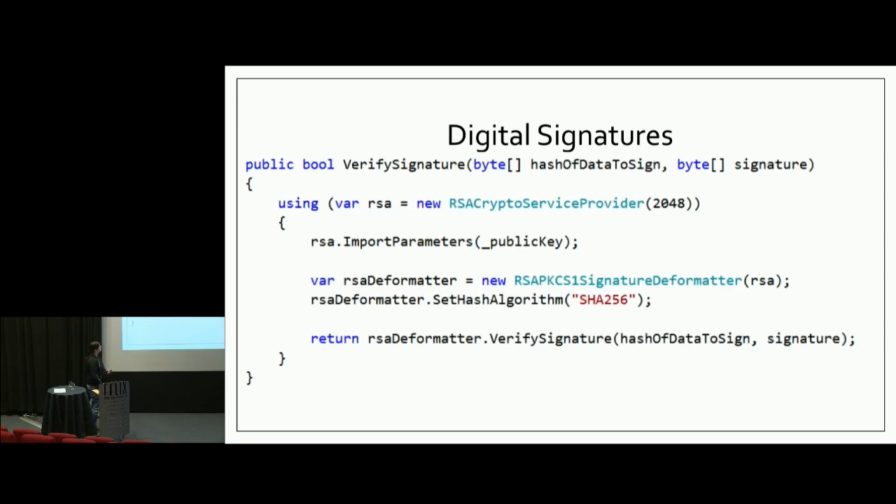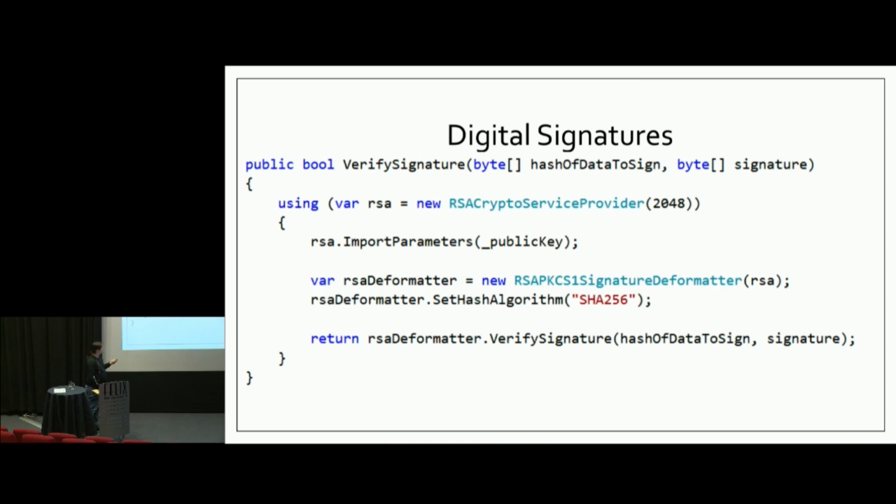Then to verify that digital signature, we pass in the hash of the data that we want to sign, the original hash. We pass in the byte array of the digital signature that was created. Construct the RSA object, import the public key this time, because remember we need to use a public key to verify the signature.